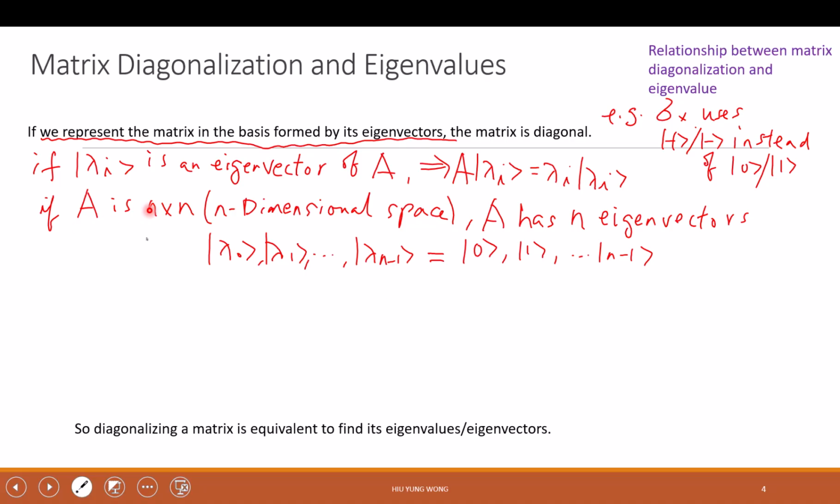So what I'm trying to say is, A has n eigenvectors, and these are what they are.